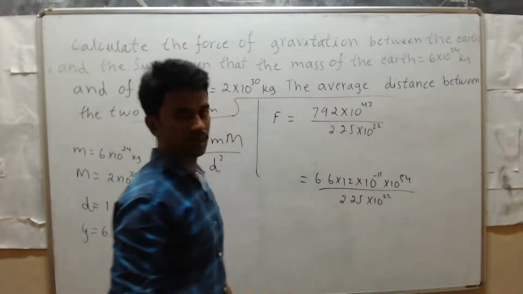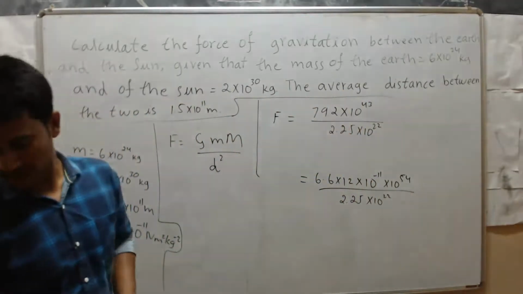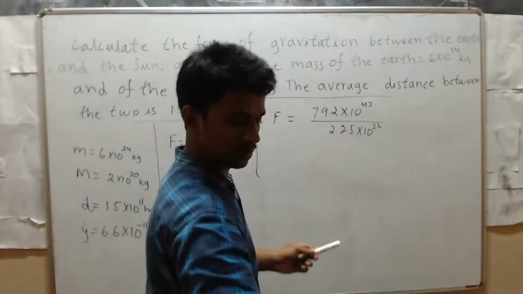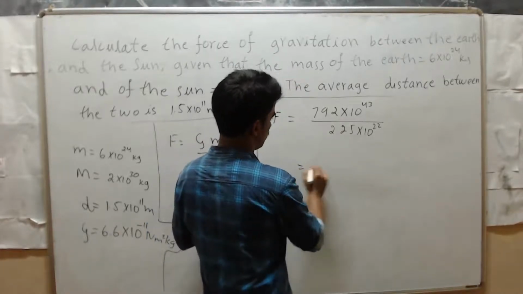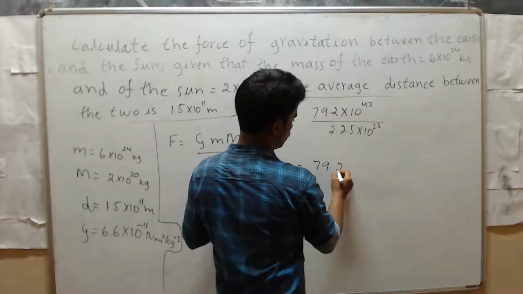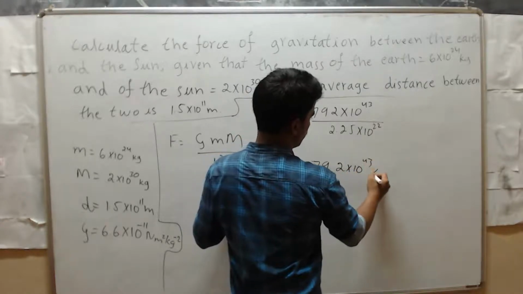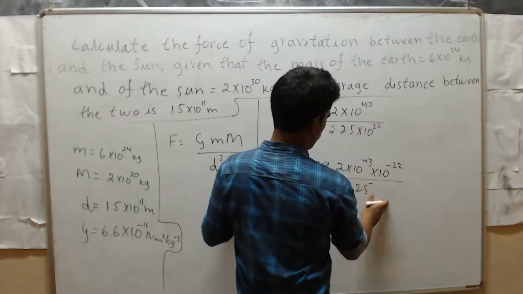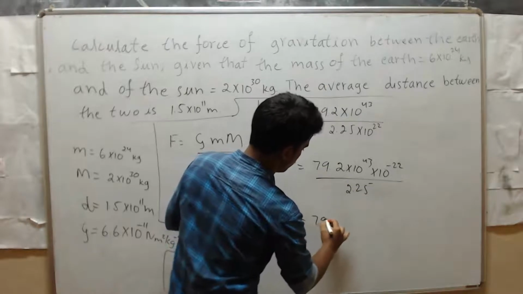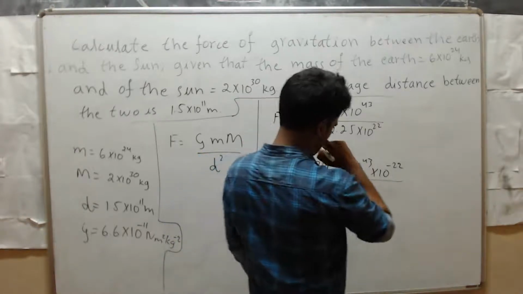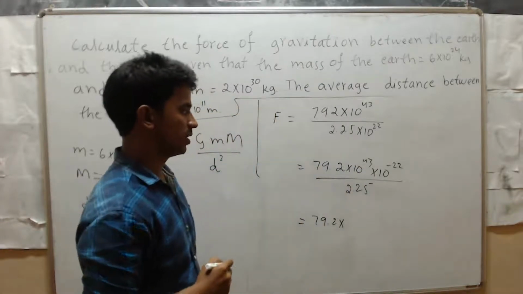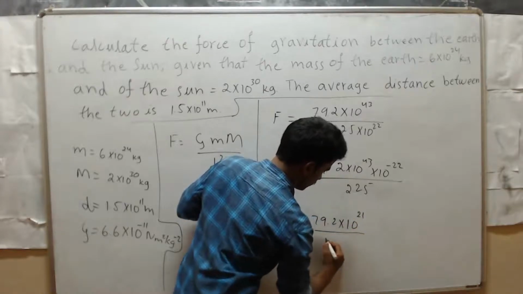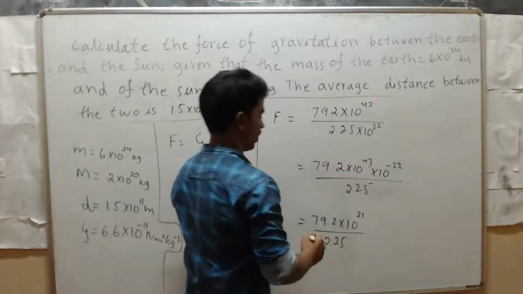Clear? So take it to the numerator: 79.2 into 10 raised to the power 43 into 10 raised to the power minus 22, divided by 2.25. We get 79.2 into 10 raised to the power 43 minus 22, that is 21, divided by 2.25.